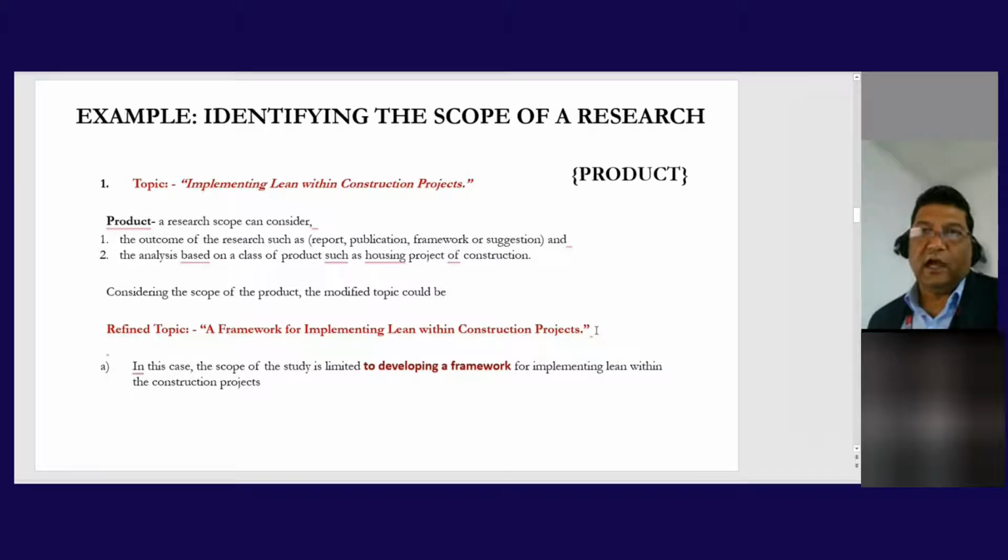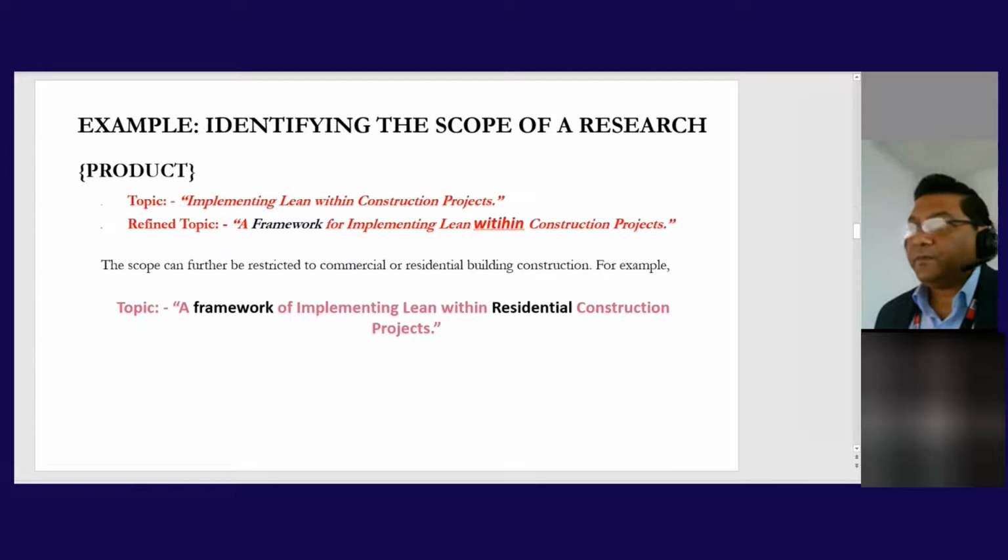Through this research, I will come up with a framework that can help to implement lean in construction project. So that was the product. Now it makes me much more clear with that topic that this research will give me a framework to help me how I can implement lean in the construction project. Now let's move forward.